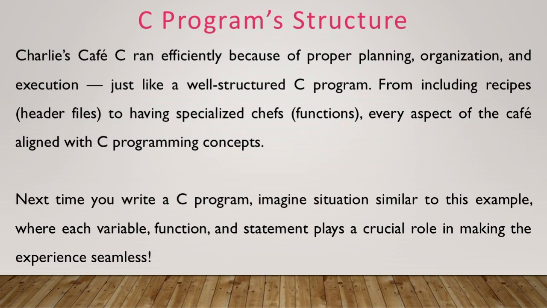We have understood through this story that Charlie's Cafe can run efficiently because of proper planning, organization, and execution. In a similar way, a C program needs to be very well thought of and well structured. It should include recipes like header files and specialized chefs like functions.